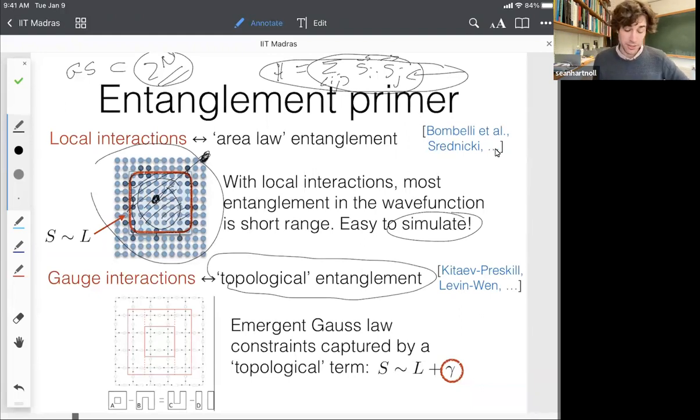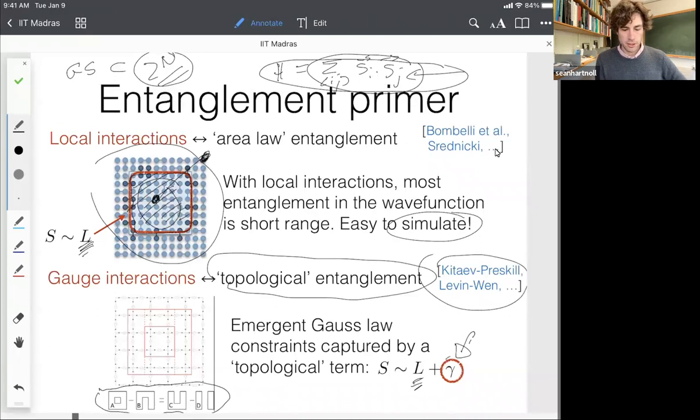And what the topological entanglement is, it's a correction to this area law. So there's an area law, and the topological entanglement is a certain constant subleading term. And how would you extract the subleading term in an interesting way? Well, something you can do, and this is by Kitaev and Preskill and Levin and Wen, you could consider various regions like this, right?